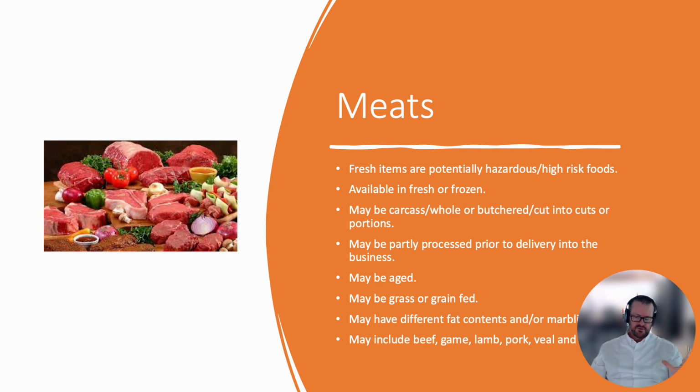Meats is the next food group type that we're talking about, and the characteristics of that. Okay. Meats are a potentially hazardous high risk food. Okay. High in protein, and high in enzymes as well, which means that bacteria or viruses or molds are certainly looking for something for breeding and growing exponentially.